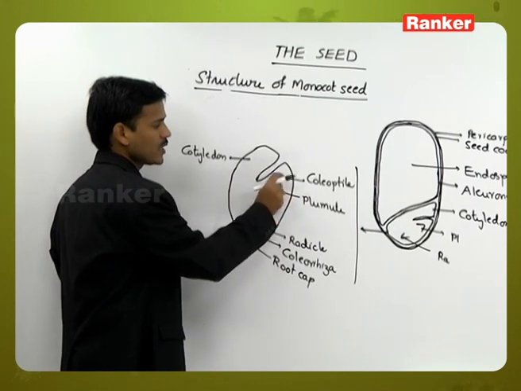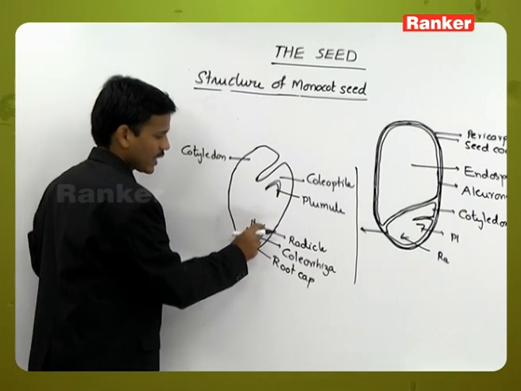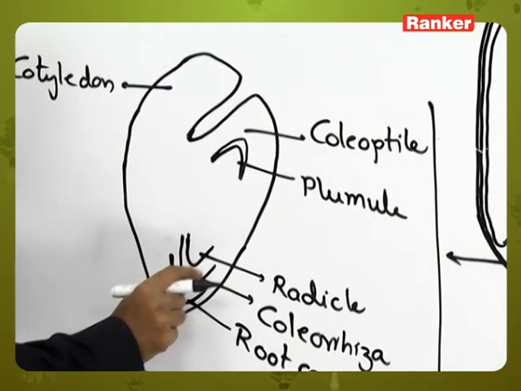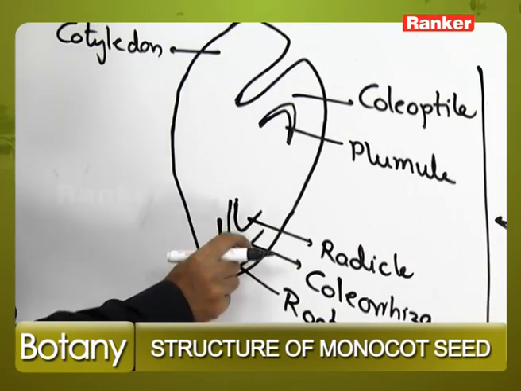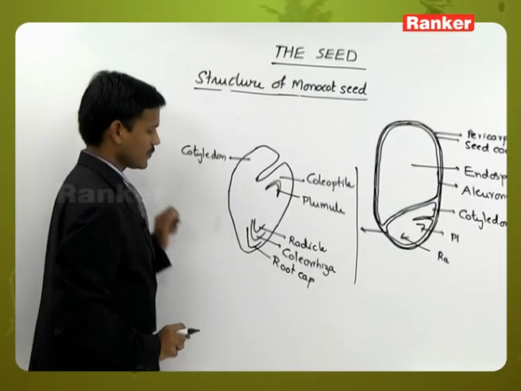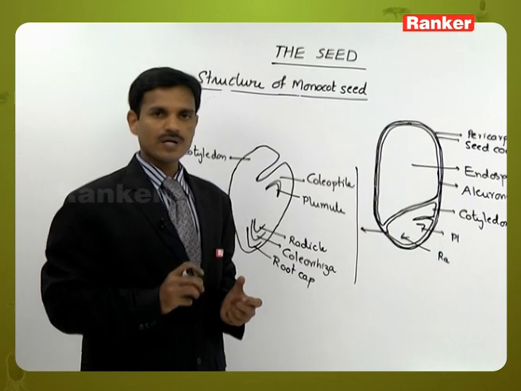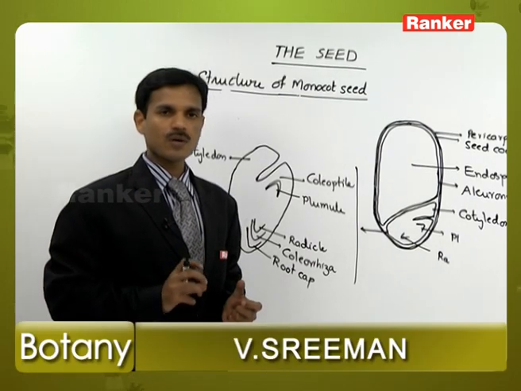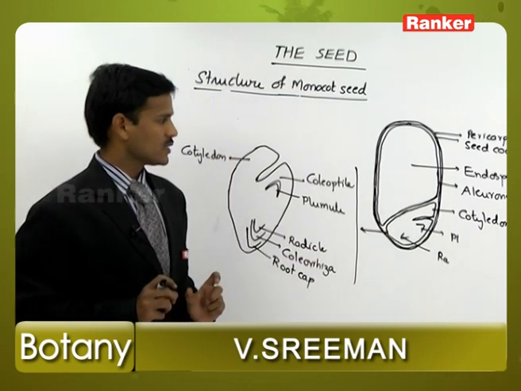It is covered by a protective sheath, the coleoptile, and the radicle is covered by the coleorhiza. The radicle develops into the root system, protected by the coleorhiza, and both are covered by the root cap. Coleoptile and coleorhiza are observed only in monocot embryos or monocot seeds. So this is the structure of a monocot seed.